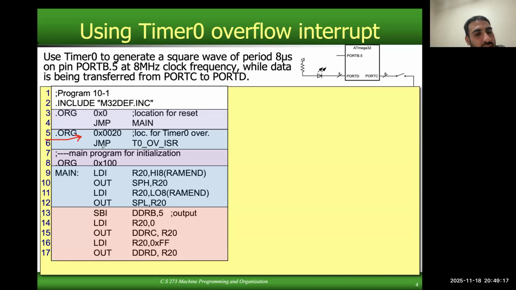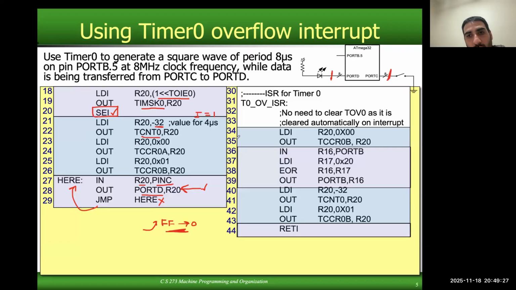The instruction that is stored is jump to timer 0 overflow ISR. So this instruction will be executed, and then the microcontroller will go to this location here, because this is the first instruction at the provided label, right? Then this whole program will be executed.